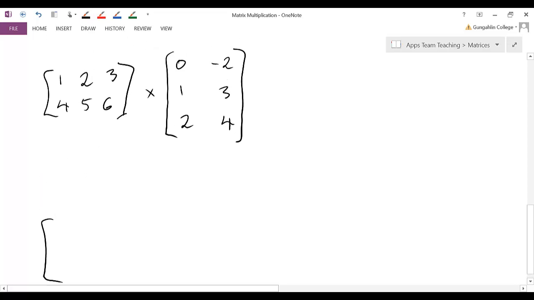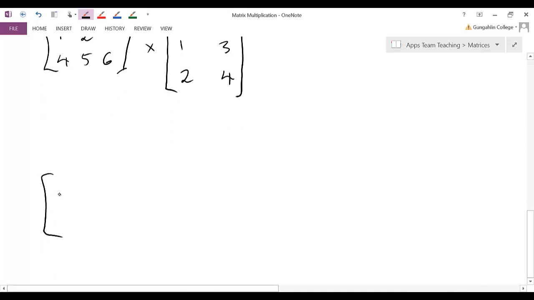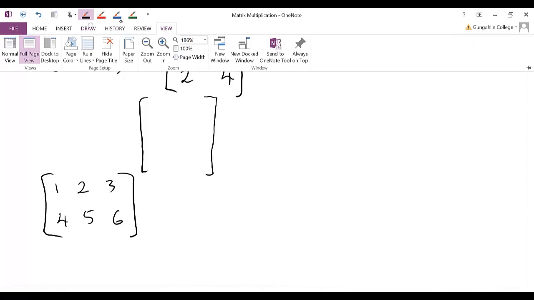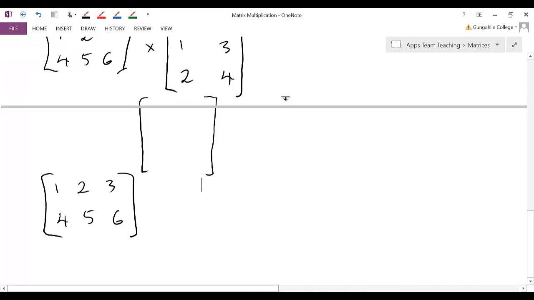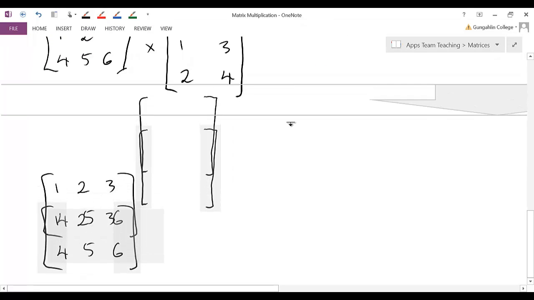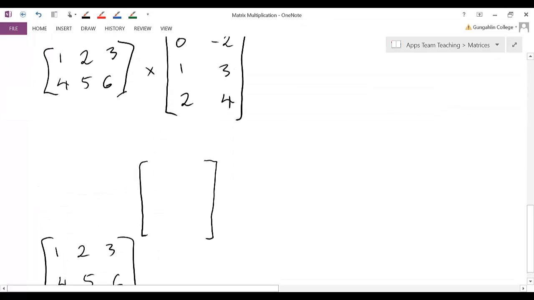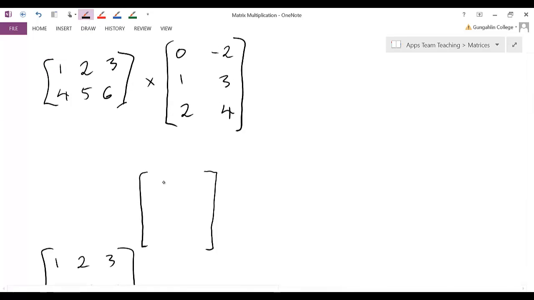So instead of setting them out like this, I'm going to set my two matrices out like this. And I might just give myself a little bit more space here. I'll make sure I get the matrices the same.